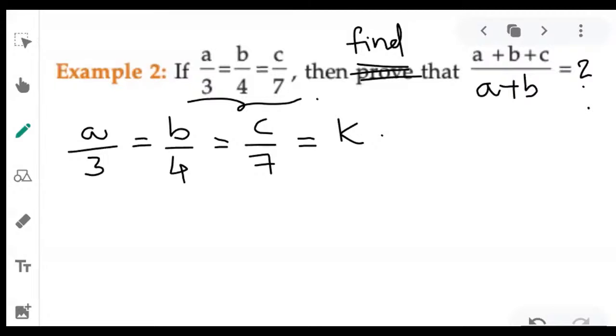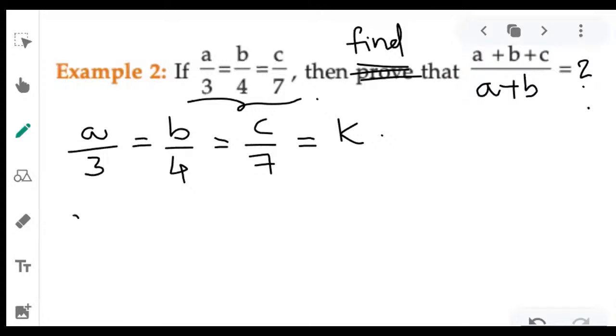Anyone who is done can unmute yourself and tell me the answer. Ma'am, so A is 3K, no ma'am?